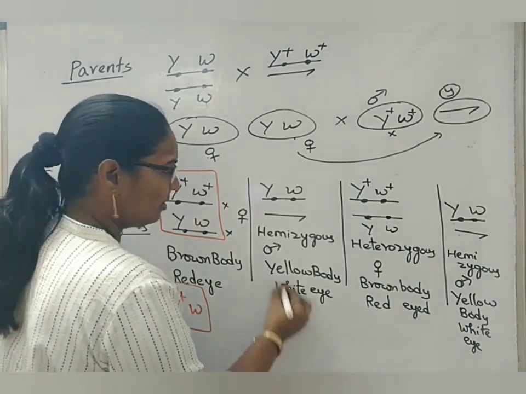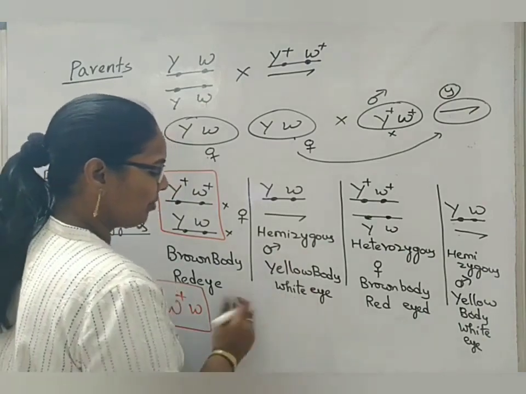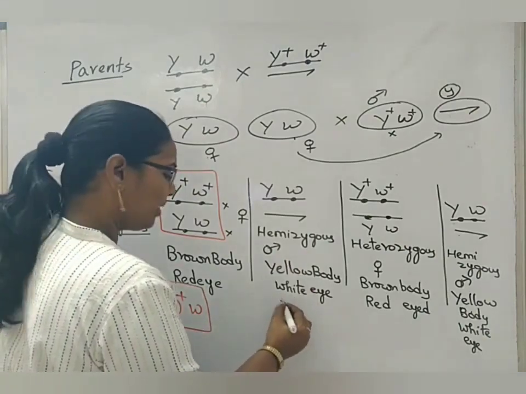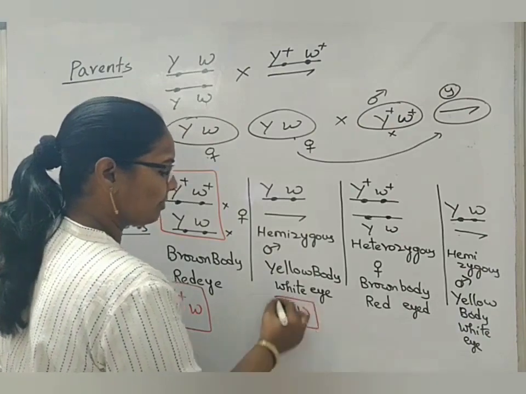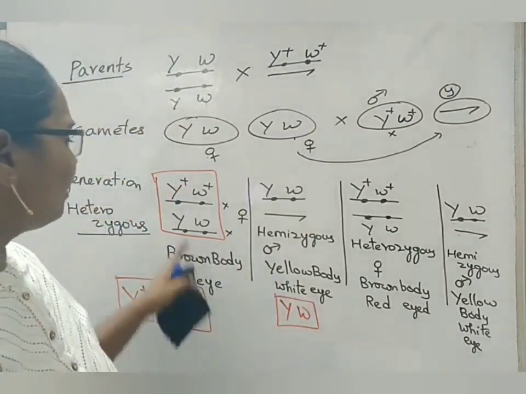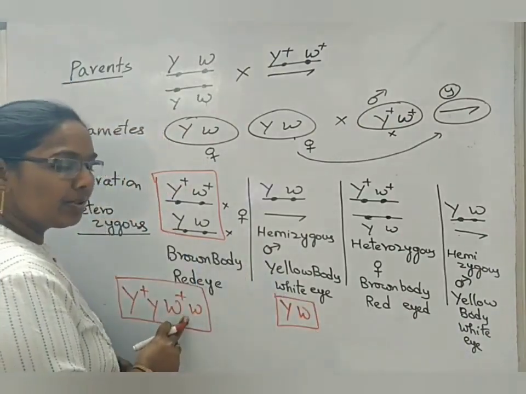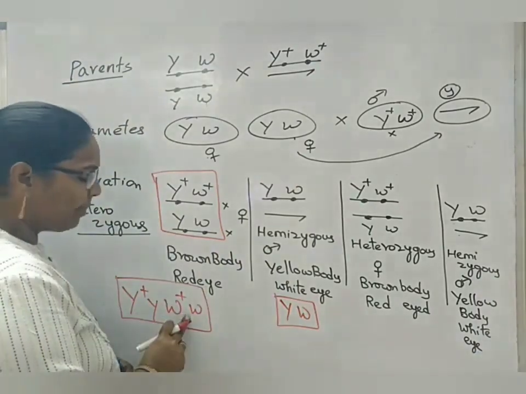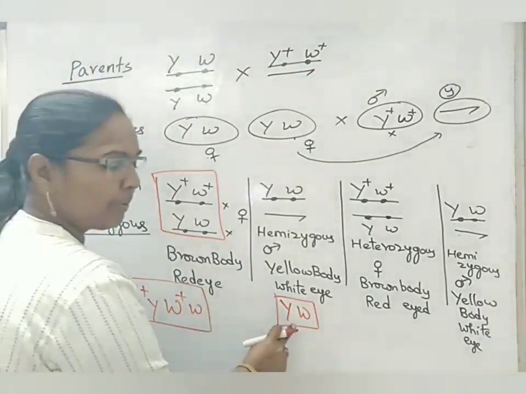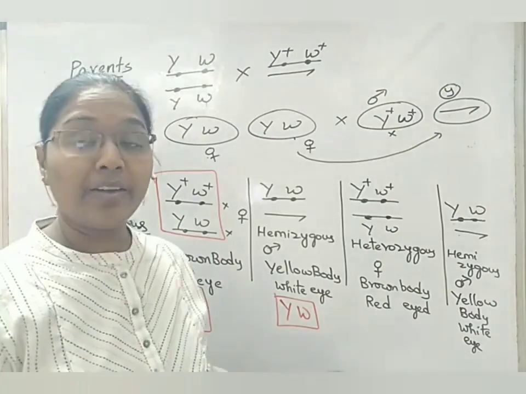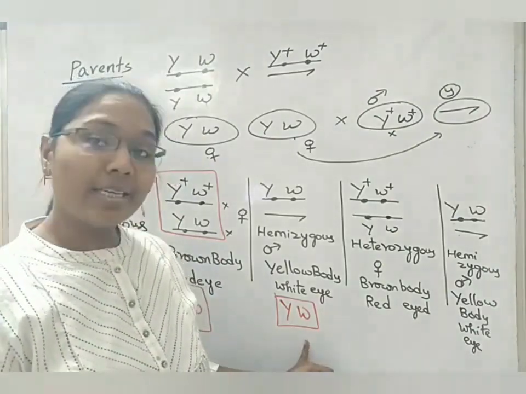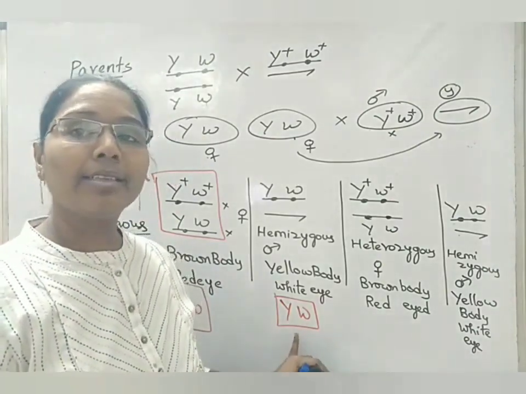Next, the Y alleles of the Y chromosome of male Drosophila can be written simply like this. Now, when Mendel crossed this type of heterozygous female from the F1 generation with a purely white-eyed male Drosophila, this type of cross is also called a test cross.